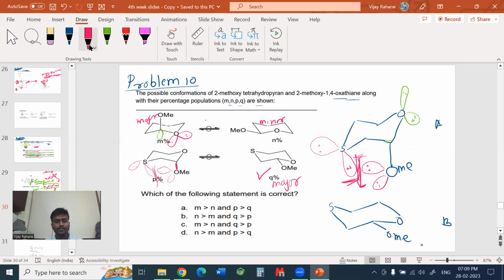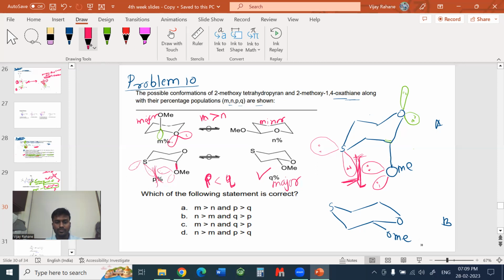So here there is a repulsion. In the first example, the percentage of M is greater than N, and in this one, Q is greater than P, or P is less than Q. So this one is the correct option.